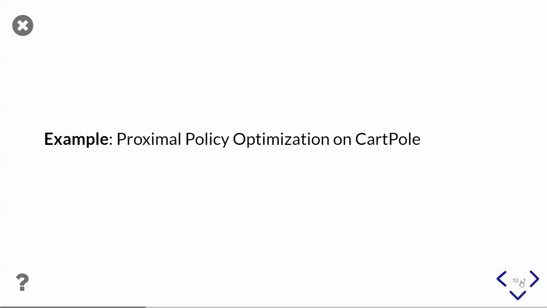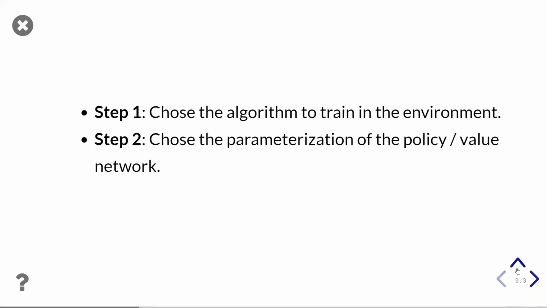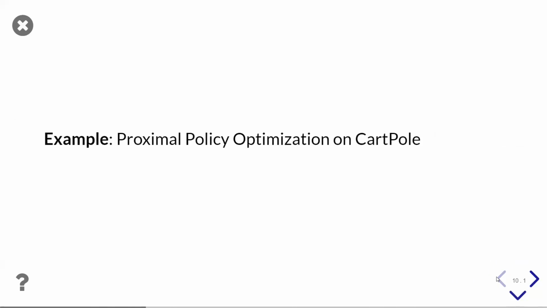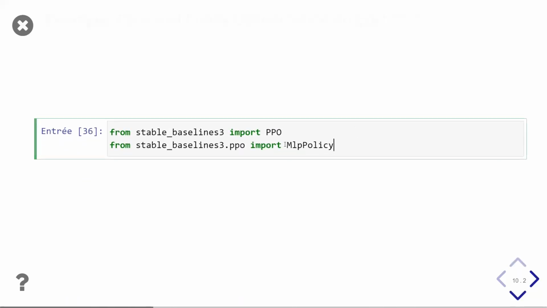Maybe can you just show back the slide where you were defining the policy with the MLP initialization, and maybe the line of code just after where you define your PPO policy? Yes. Here, effectively, I choose a model. I will maybe spend a little bit of time later if you have any questions on this type of model. What you need to remember for now is that this model will be associated with a policy that will be trained in the environment.